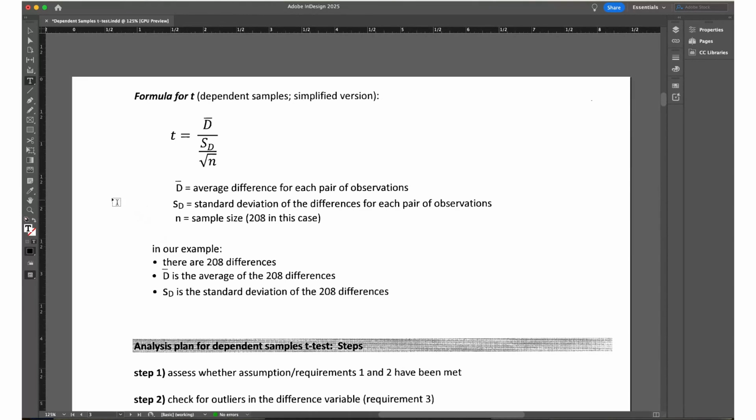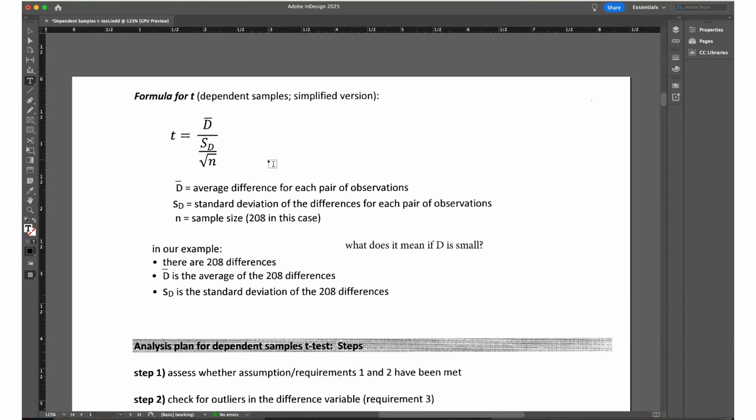So here's a question for you. What does it mean if D bar is small? This part right here, the average difference for each pair of observations.